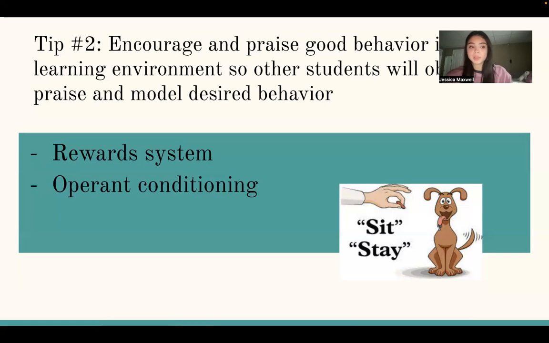So that's how you get them to continue the behavior. It's the same thing in the classroom where we want students to stay on task and work on what we're working on in class. Maybe they're talking too much, so we give them a consequence or a reward based on the behavior, and that helps with classroom management.